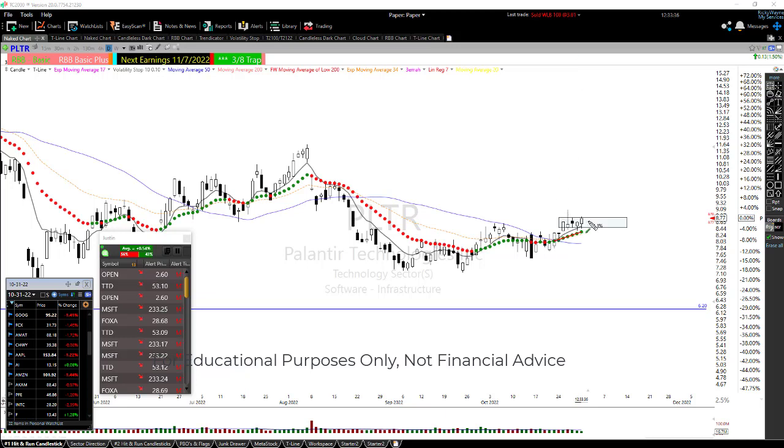If you're long this, you are happy if it does this. If you are long this, you're unhappy if it does this. So see how easy it is to trade a chart? Super easy. It is.